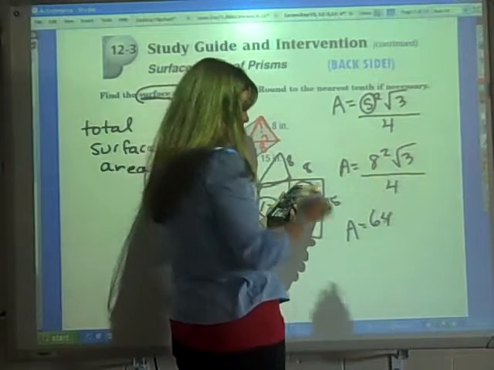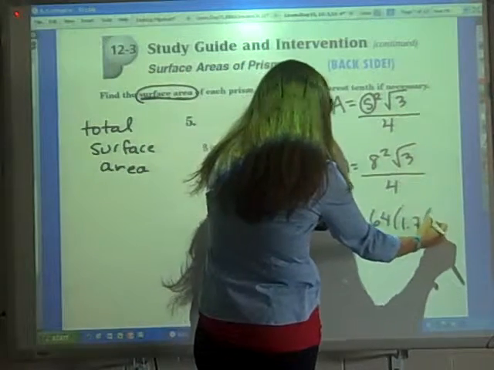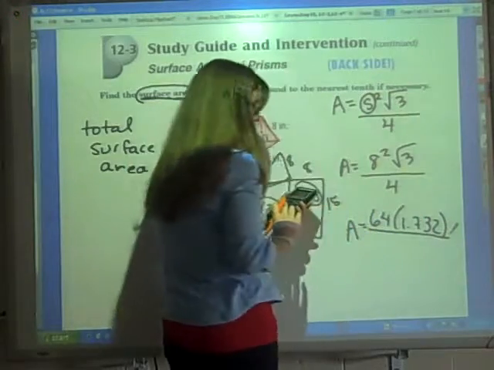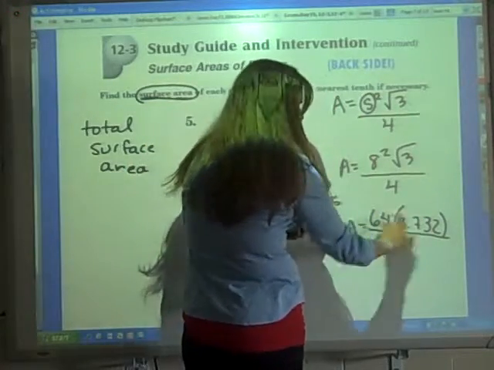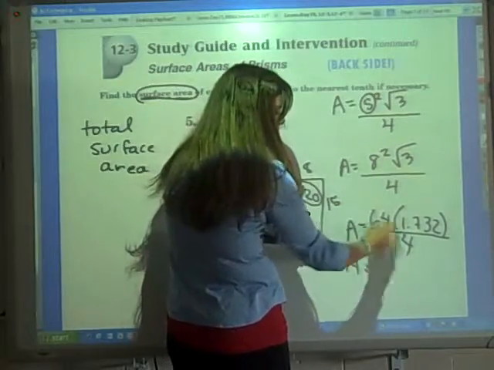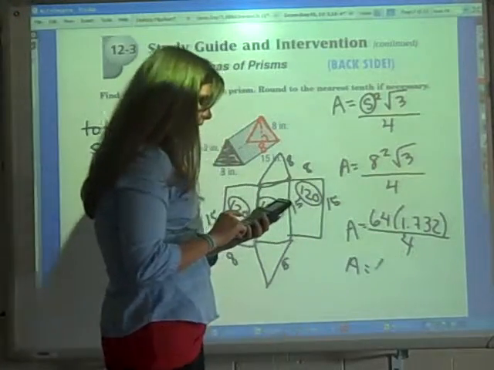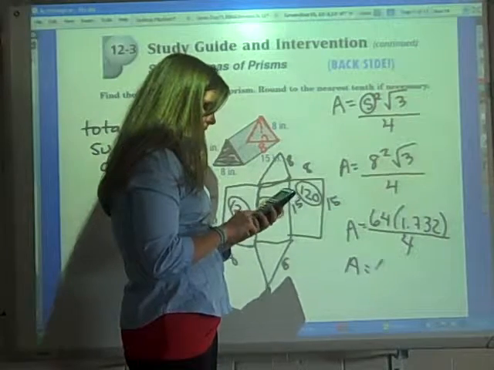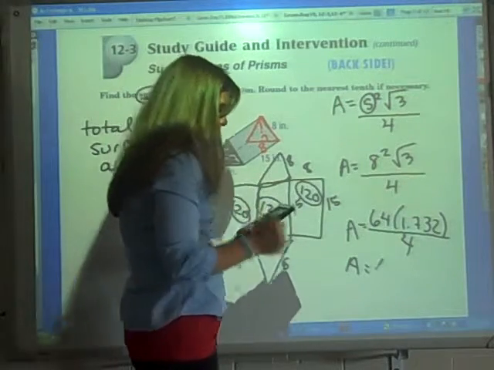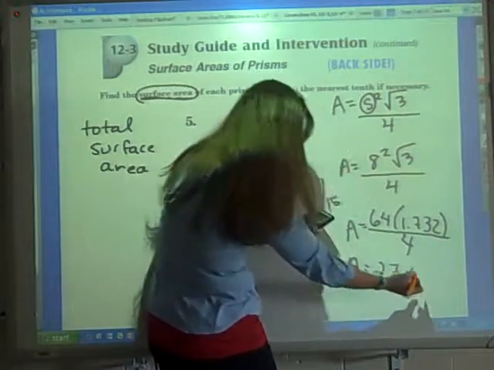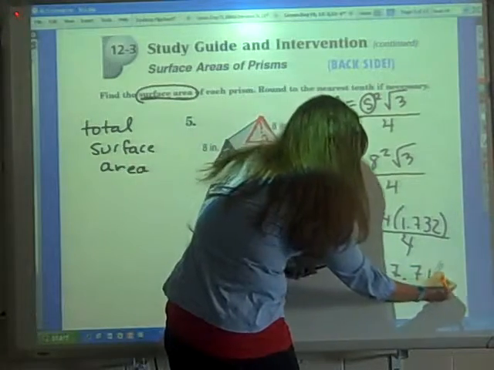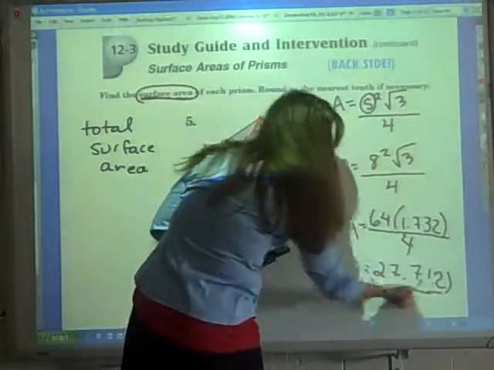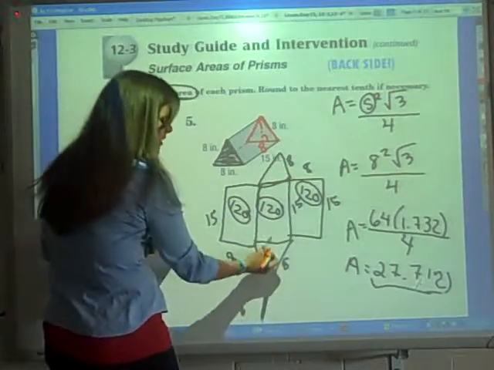And then do your square root of 3 by itself. 1.732 something. And then step by step, let's multiply the numerator together and hit enter and then divide by 4. This is the number that I found for the area of this equilateral triangle.